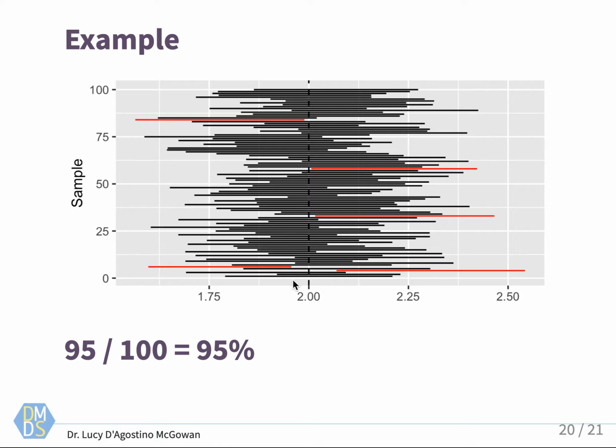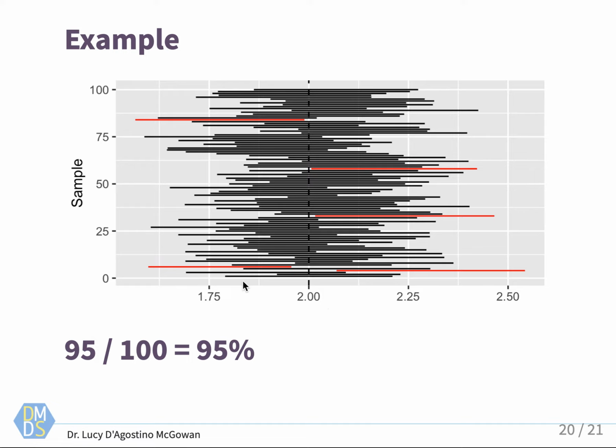So when I'm looking at just one interval, which is what you often have, and I'm looking at just one of these lines in just one of these samples, we can't say anything about the probability that that interval contains that true value. That's not what we're capturing because that truth is either inside that interval or it's outside that interval.